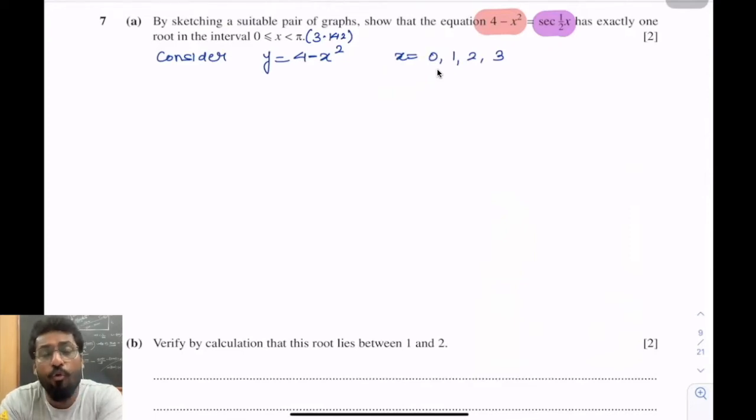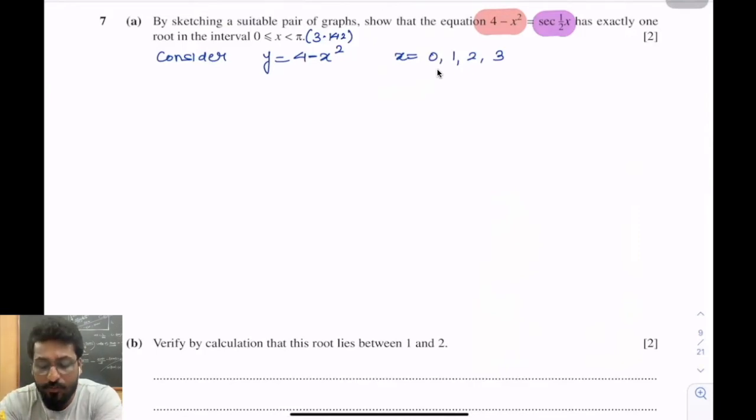So y equal to 4 minus x square is going to be a parabola. Let's see what kind of parabola it is. Is it a U-shaped parabola? Is it an N-shaped parabola? I can clearly understand that the coefficient of x square is negative over here. That means it is going to be an N-shaped parabola. It's going to have the maximum point.